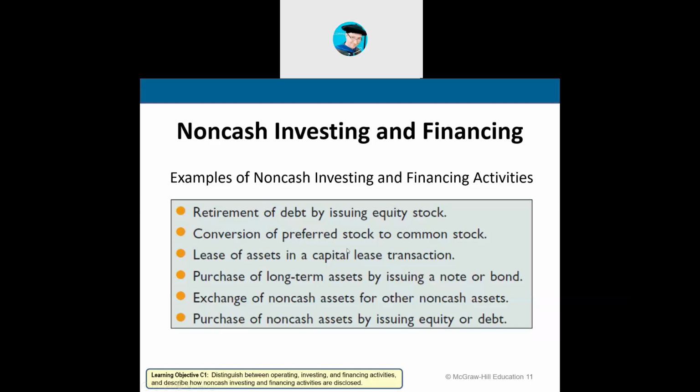Conversion of preferred stock to common stock. The lease of assets in a capital lease transaction. Purchase of long-term assets by issuing a note or a bond. The exchange of non-cash assets for other non-cash assets. Purchase of non-cash assets by issuing equity or debt.